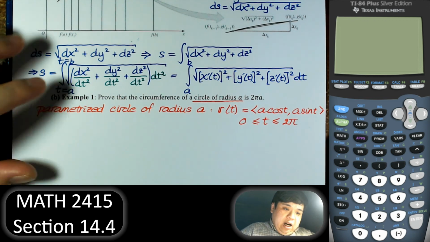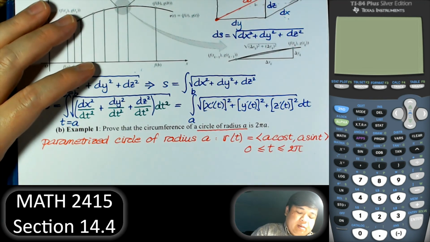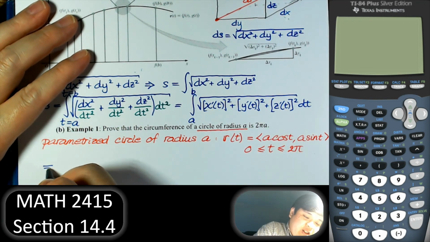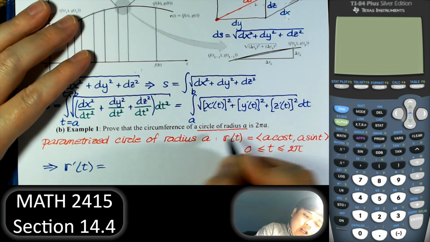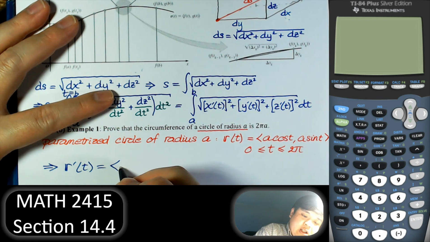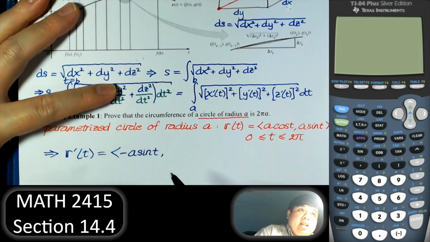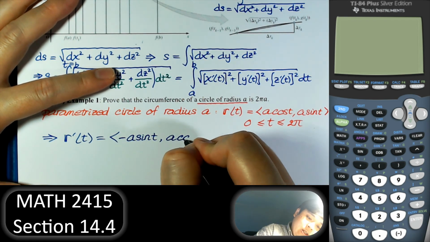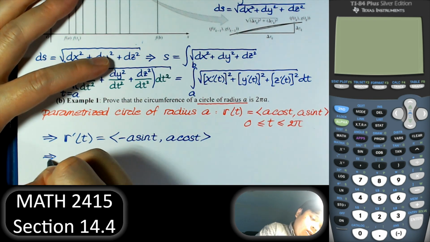Right. Then the formulas: the magnitude of the velocity vector, the magnitude of the tangent vector. So we'll find the tangent vector, the derivative of that. The derivative of cosine is negative sine. So it's negative a sine t, and the derivative of a sine is a cosine t. And then the magnitude.